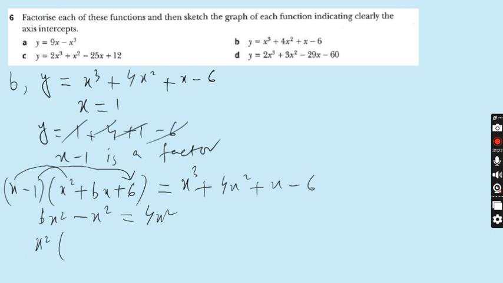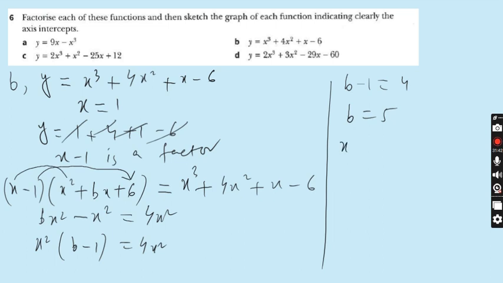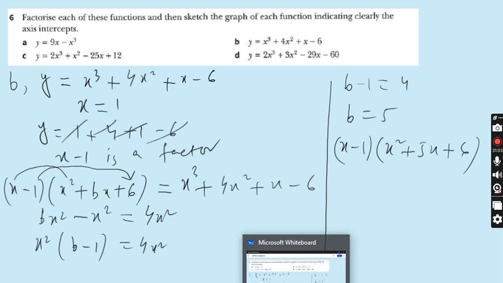Taking x square common, (b minus 1) x square equals 4x square. From here, comparing the coefficients of x square, we get b minus 1 is equal to 4, and b is equal to 1 plus 4, which is 5. Now our function is (x minus 1) times (x square plus 5x plus 6). Factorize this.